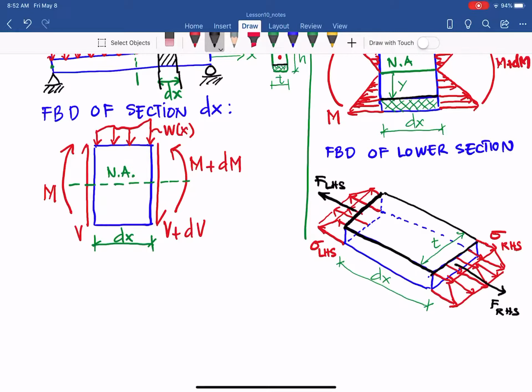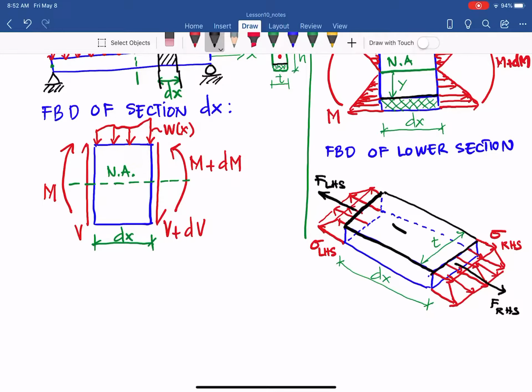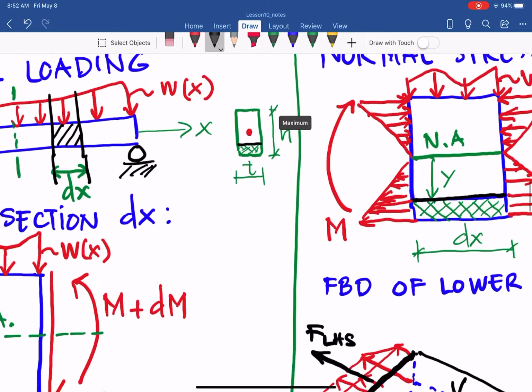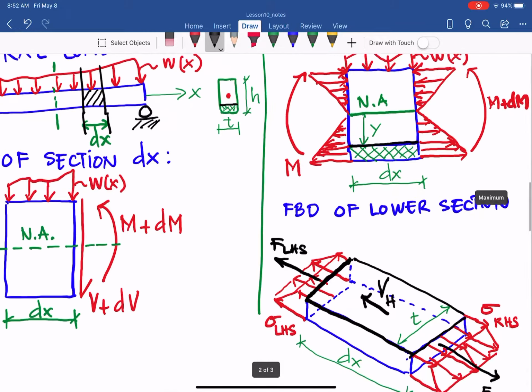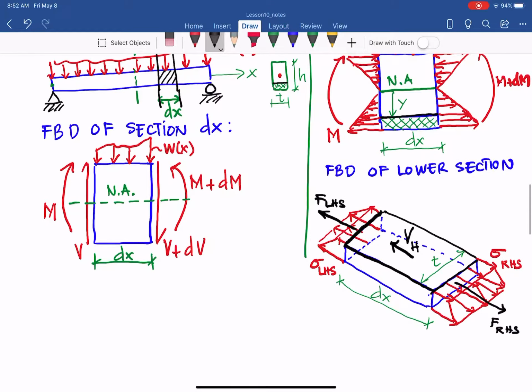On that black surface that I cut, it will have an equivalent shear, and I call that shear V horizontal, on the surface that I cut at y from the neutral axis, because when you cut, you expose the shear stress to keep the body in equilibrium. Okay, so with that, I call the sum of the shear stress on that surface the sum VH, the sum of the force.